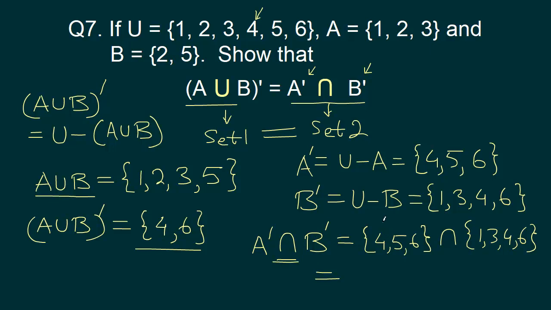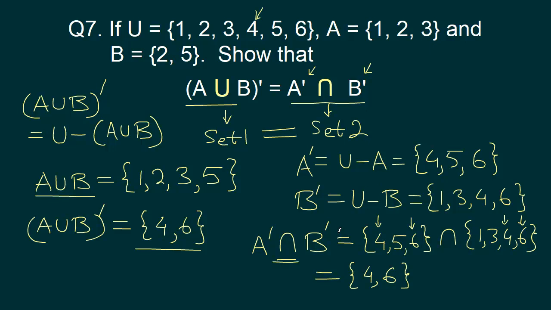We start with 4 and check if 4 also belongs to the other set. Indeed we see that we have 4, so 4 is a common element and goes here. What about 5? 5 does not belong here, so we cannot write 5. Then we look at 6 and see that 6 is in both sets, so we write 6 here. These are the only two elements common to both sets.